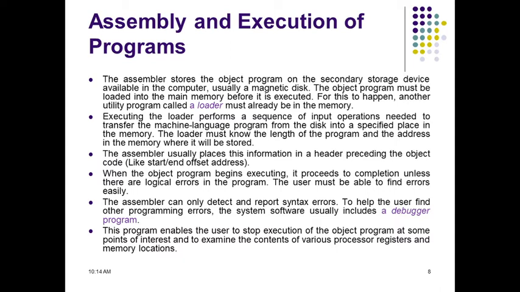Whenever the loader executes, it performs the sequence of input operations needed to transfer the machine language program from the disk into the specified place in the memory. So this part is very important. The loader must know the length of the program and the address in the memory where it will be stored. The assembler usually places this information in a header which is preceding the object code.